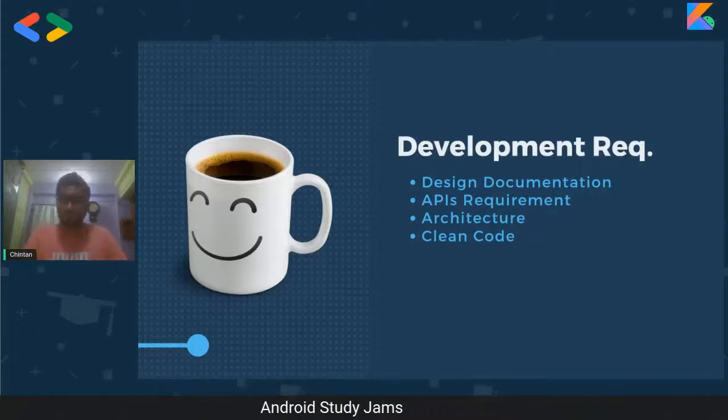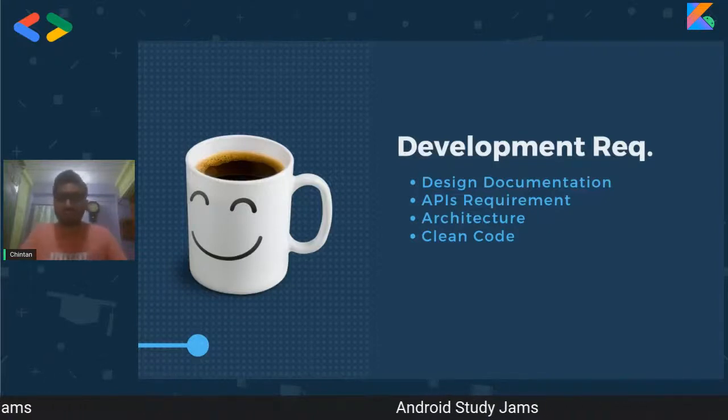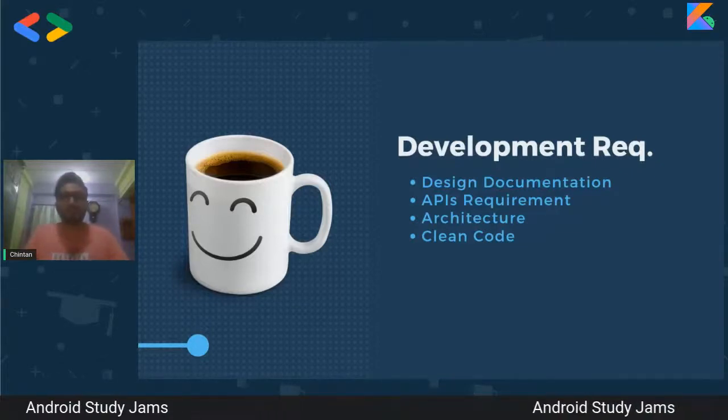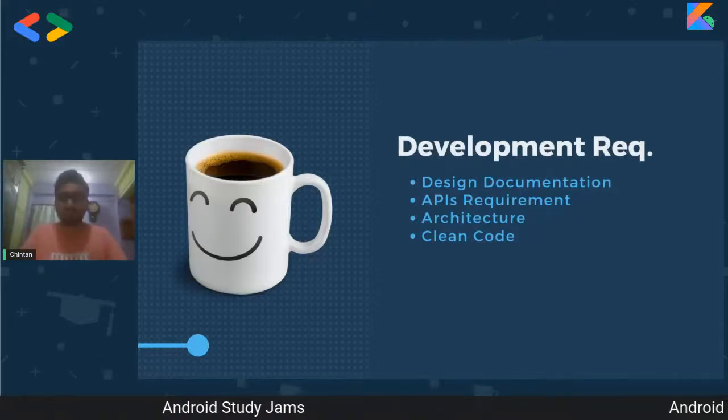Okay, what is this view model? Why is this observer here? What happens if I don't initiate live data, etc.? So it's better if you start with a small project, and whatever you are learning, you start implementing it. Then it would be a thumbs up for you guys.